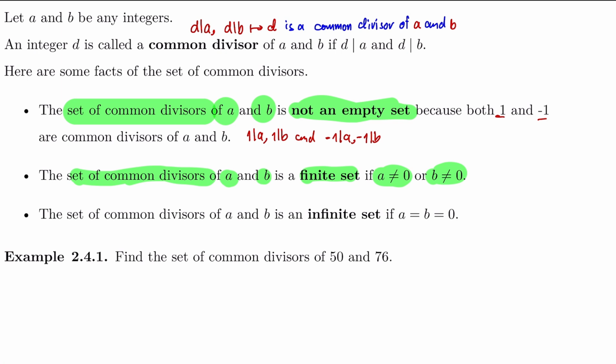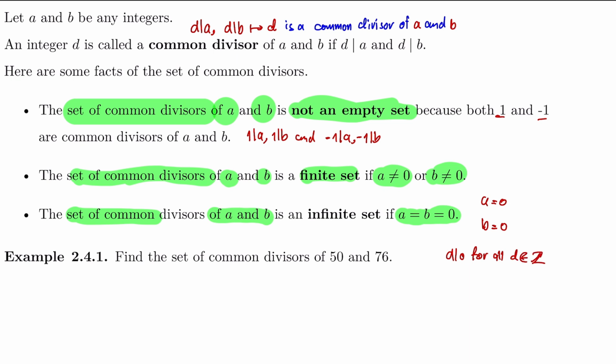And the last one: if the set of common divisors of a and b turns out to be infinite, then that means a equals b equals 0. If a equals 0 and b equals 0, any integer d divides 0.